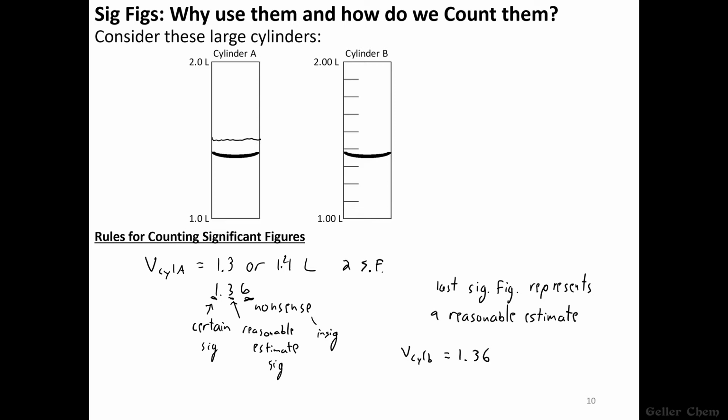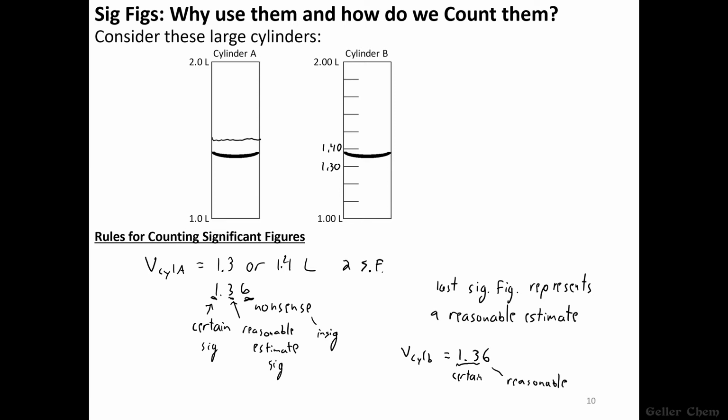We know that that meniscus is between 1.30 and 1.40. The 1.3 is now certain, unlike before, and the 6 just became a reasonable guess. And so it is now significant. Anything beyond that, though, would be insignificant.